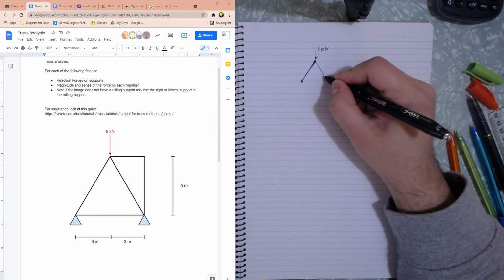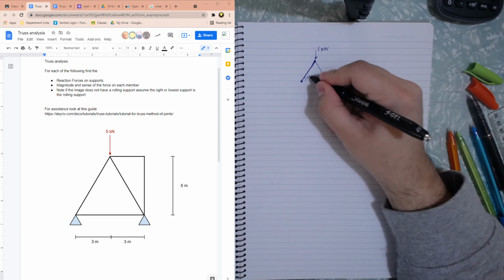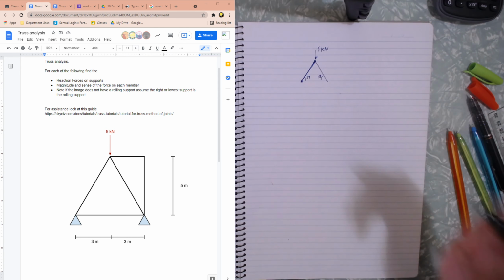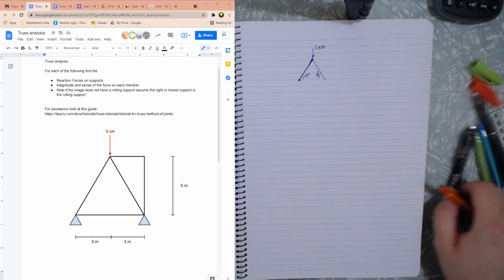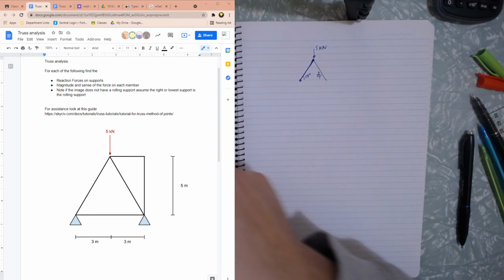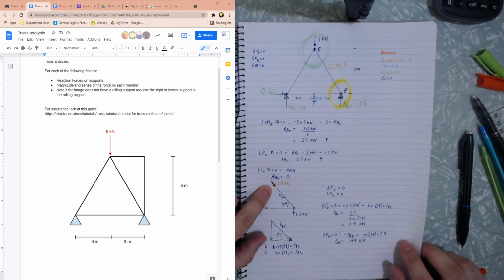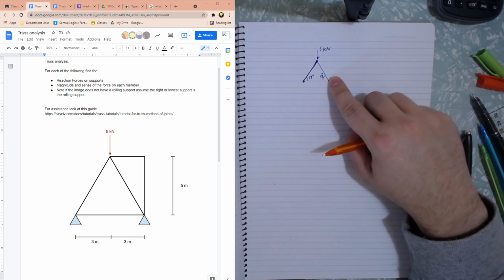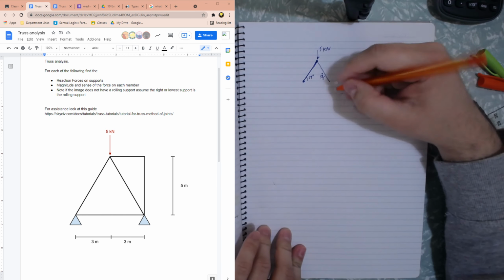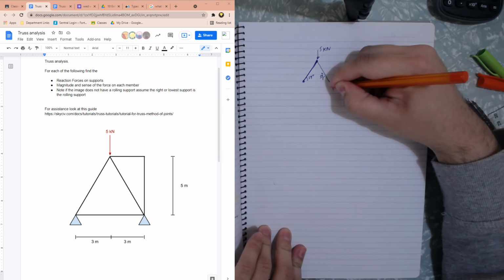We know that this angle over here is going to be 59, and this angle over here is also 59, because that's what the geometry of the scenario is. We know that this is under compression. So if we look at our scenario over here, where our compression was pushing, it's heading towards the node. If this member over here is also under compression, it is also pushing towards the node.